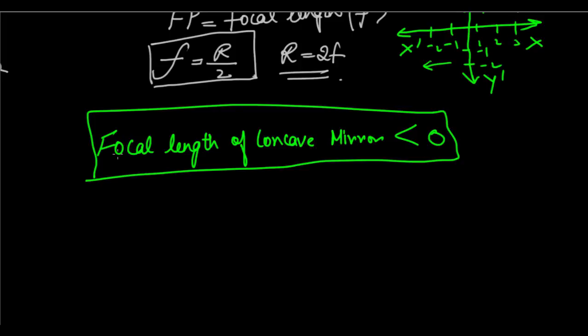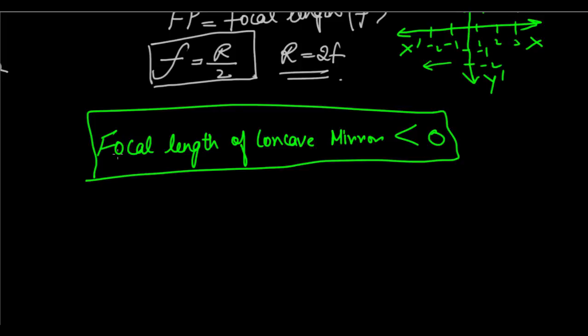Focal length of a concave mirror is always less than 0. It is always negative because the focal point of a concave mirror is to the left of the mirror, that is in front of the mirror. And by convention, left distance is always taken negative. That is why the distance from pole to focus of a concave mirror is negative.